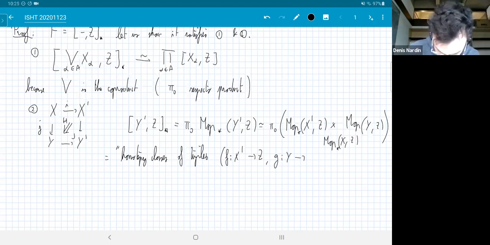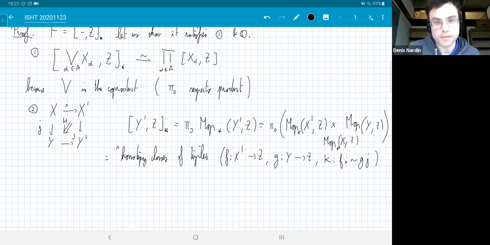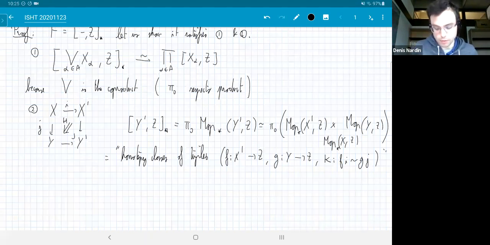G from Y to Z, and a homotopy K from F i to G j. All right, we discussed these kind of things last semester, but do interrupt me if you weren't here last semester or if you are confused about what I'm saying. Just saying a homotopy pullback is given by a point here, and a path here connecting the images.